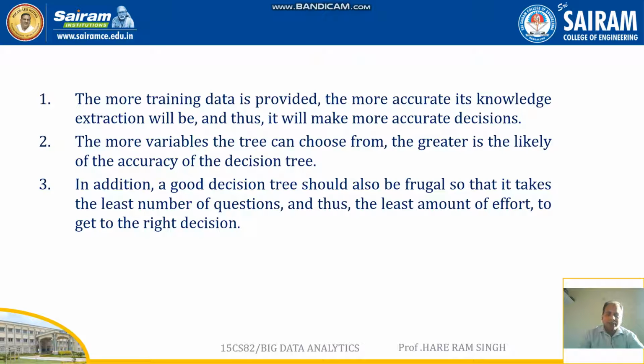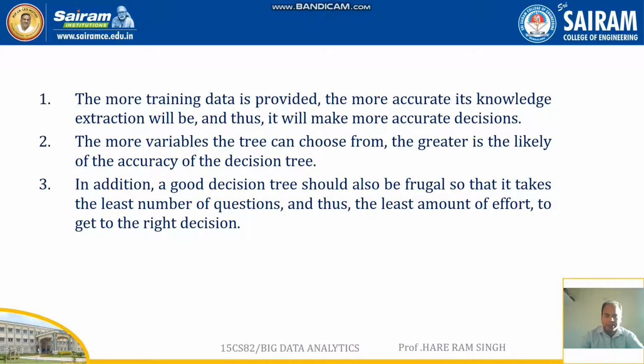The more training data is provided, the more accurate its knowledge extraction will be, and thus it will make more accurate decisions. The more variables the tree can choose from, the greater the likely accuracy of the decision tree.